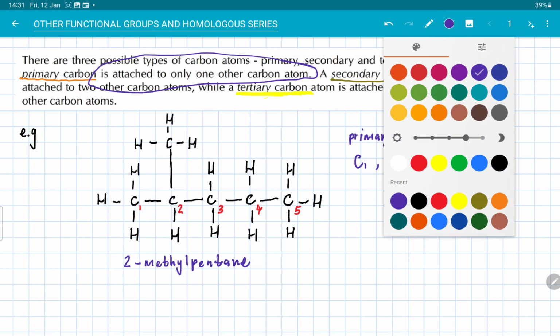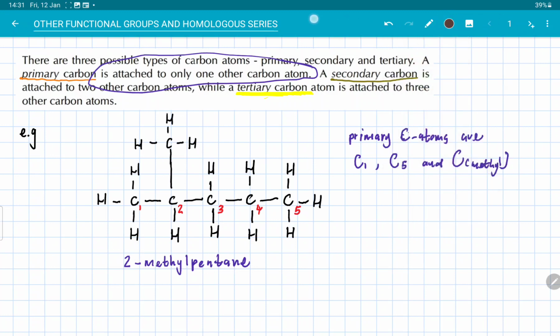And then we have the secondary carbon atom. A secondary carbon is attached to 2 other carbon atoms. If you go to the structure, how many are there? Technically speaking, 2. Which ones? C3, which is attached to C2 and C4, so we count it as a secondary carbon atom.